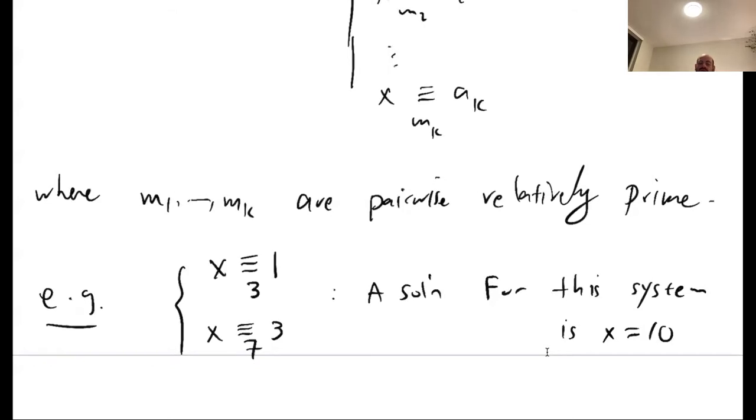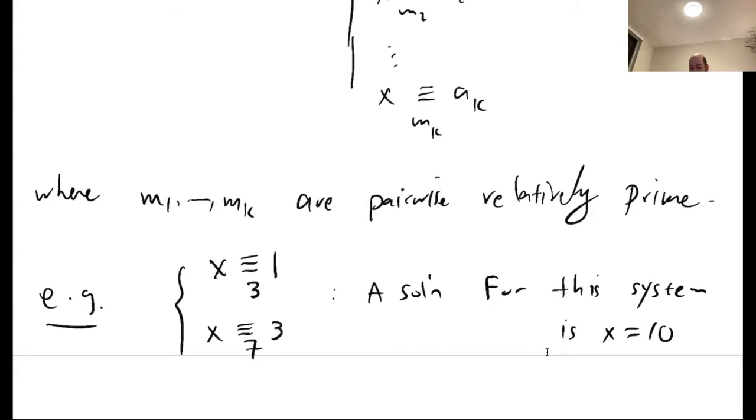And also, how about if the numbers were big, or the number of congruences were more than 2? In that case, it would be hard to guess by inspection. Is there any way to solve this system systematically, or find an algorithm to solve it?